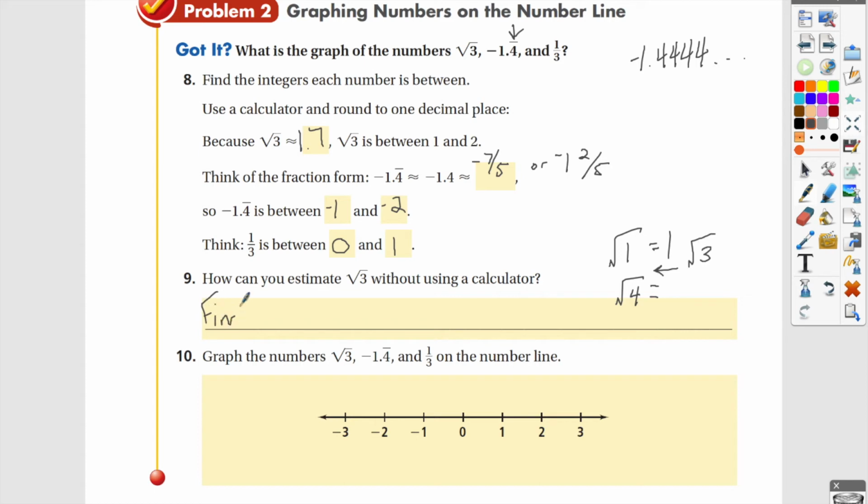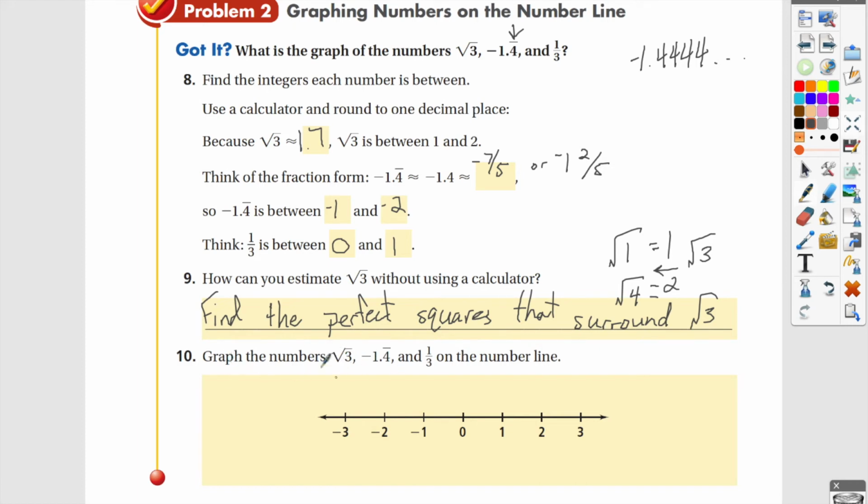You just have to find the perfect squares that surround the square root of 3, and your answer should be in between theirs, which is 1 and 2. So the square root of 3 is going to be somewhere in between 1 and 2, which we said earlier is 1.7. You can even make the assumption that since this is closer to the square root of 4, it's probably going to be after 1.5.